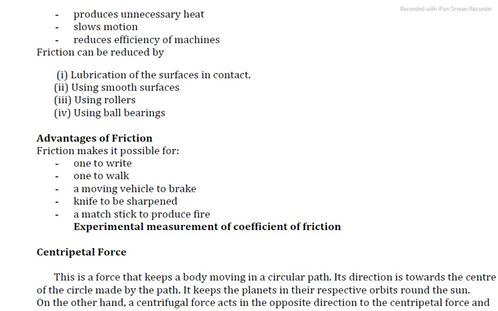In the same way, it reduces the efficiency of the machine, since part of the energy is used in overcoming friction.